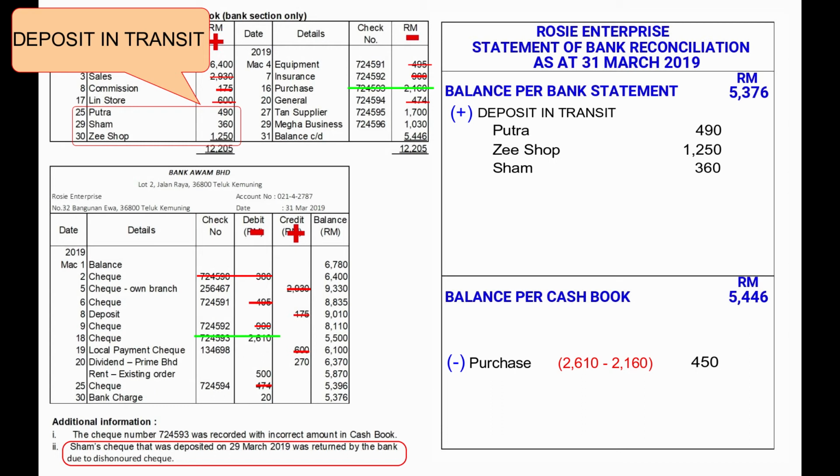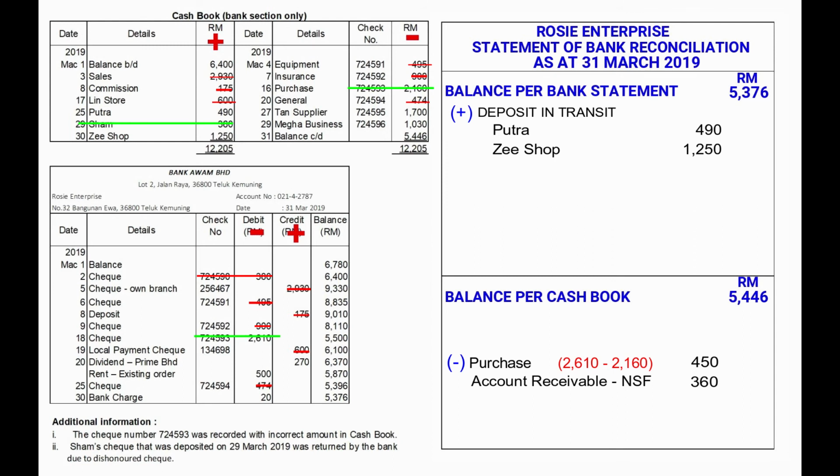The item might be rejected by the bank due to insufficient fund. Sham's check was returned by the bank due to dishonored check. So, this item should not add to the bank statement. We need to deduct the item from cash book balance, that is 360 ringgit Malaysia. So, account receivable will increase.